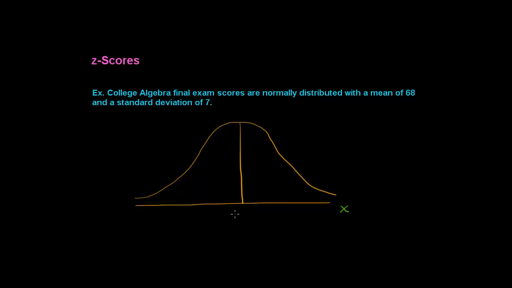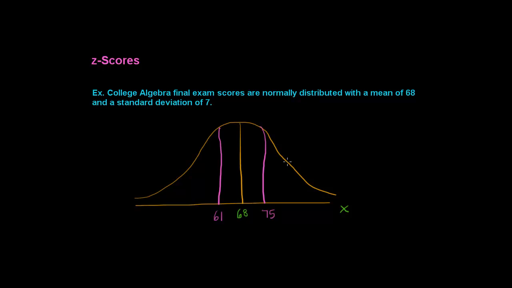We had a mean right here at 68, and we said that if we go out one standard deviation, we were at 75 here because we added 7, and we subtract 7, and we were at 61 here.